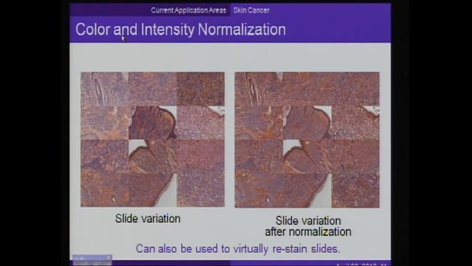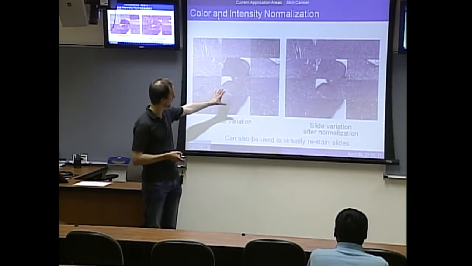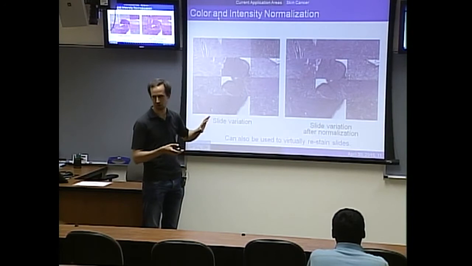And while you have methods, for example, in MR imaging to compensate for these kinds of effects, these methods for histology slides are really not very well explored. So with a little bit of effort, I think you can have a pretty big impact there. And we came up with methods to normalize them, bring them into a relatively uniform color space.